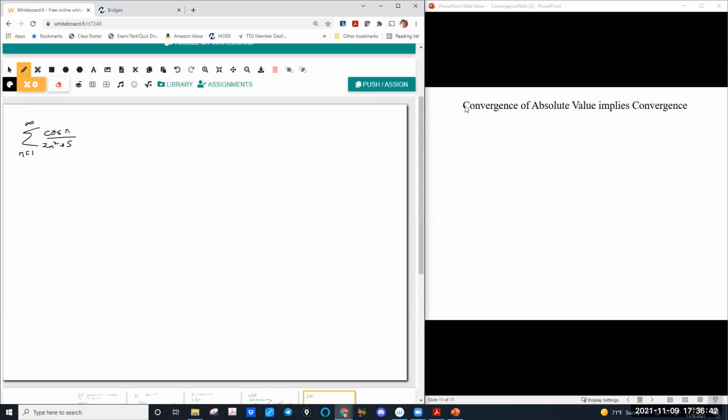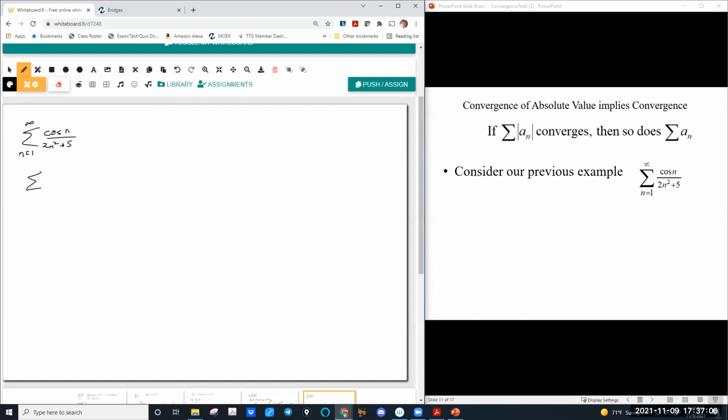So here's what we're going to use. Convergence of absolute value implies convergence. If we can show that the absolute value of a series converges, then so does the series. So we want to look at the absolute value.